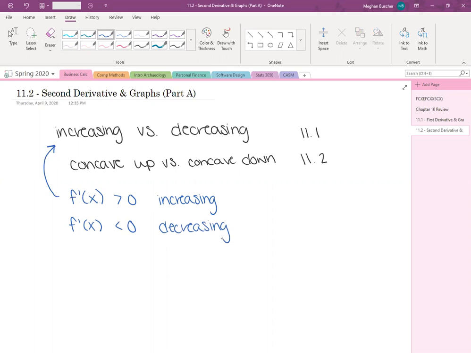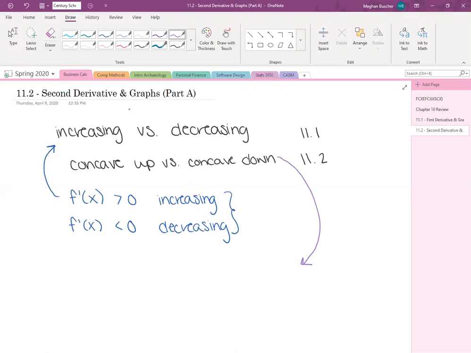Right? This should all be hopefully familiar for you guys. So now we're taking that same idea, but we're doing it with concavity. Okay? So increasing versus decreasing, first derivative, you can kind of see it in the name here.